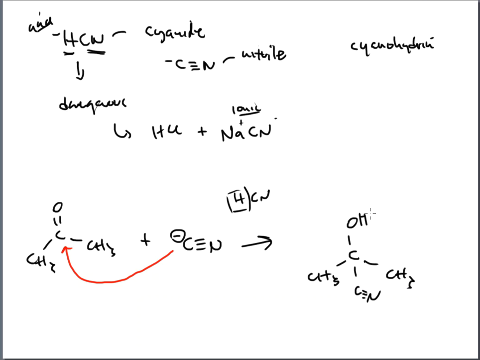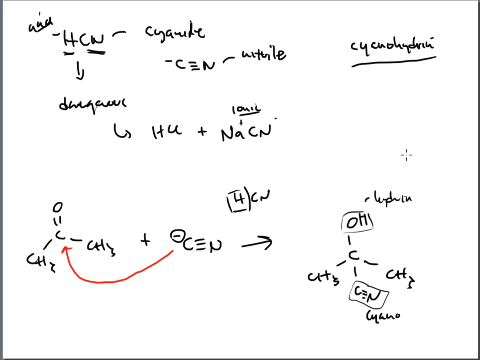Okay, now I told you that these products are called cyanohydrins, and the reason is because cyano represents the C triple bond N. There is the cyano part. And then the hydrin is in reference to the OH that is here. So we can call this actually acetone cyanohydrin.